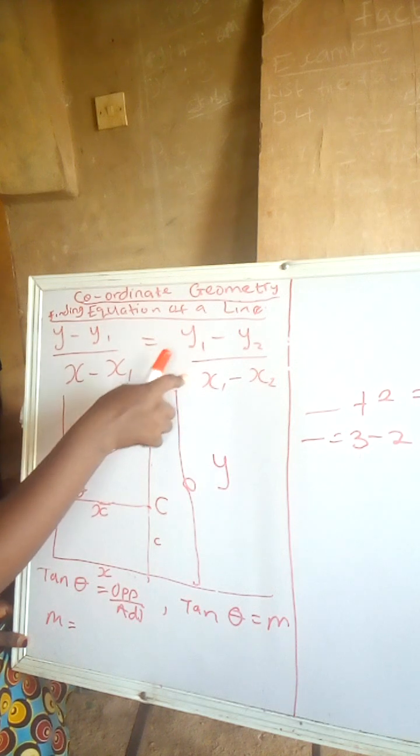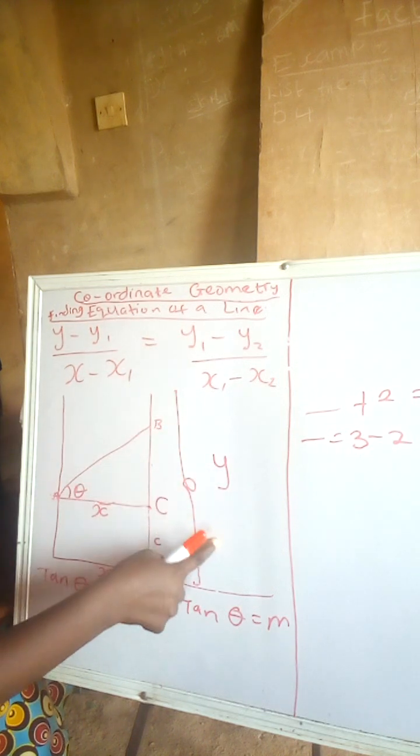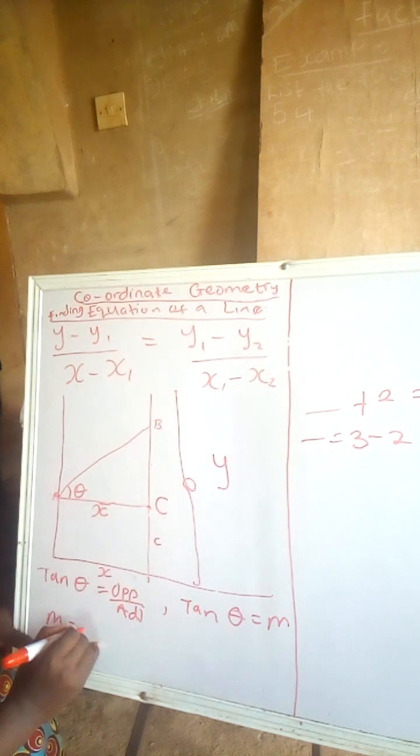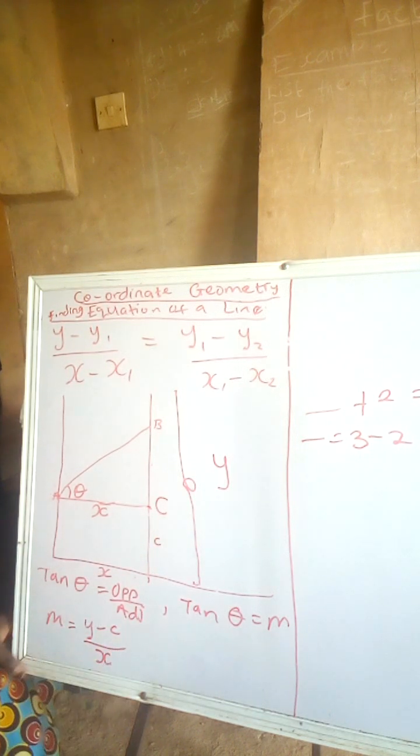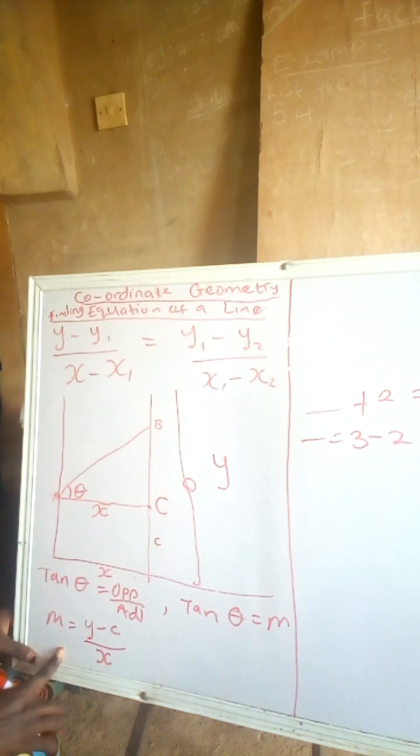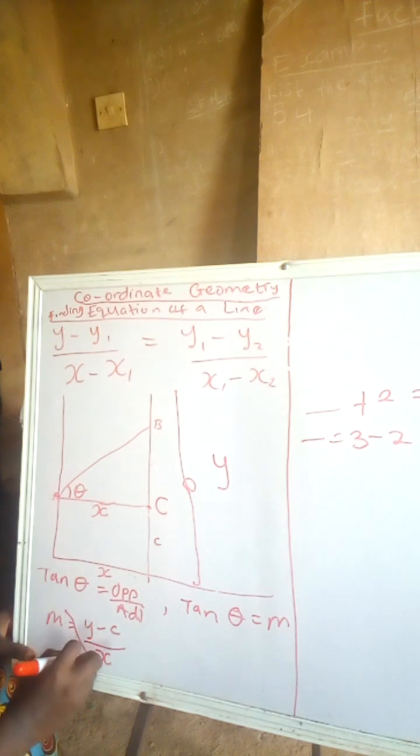So our answer is going to be everything here minus this. That's y minus c over our adjacent, which is x. So we want to make y the subject of the formula. To make y the subject of the formula, we are going to cross multiply.